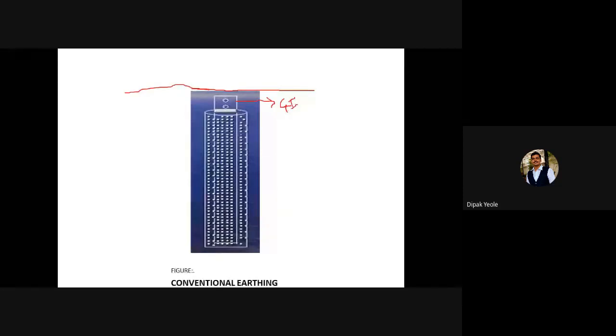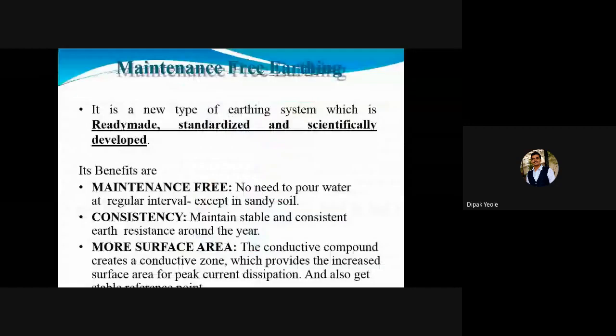Layers can be of charcoal, layers can be of salt, layers can be of sand, again layers of charcoal and salt. And we have to pour water at regular intervals. Yes. So this is called conventional earthing. We will go ahead.